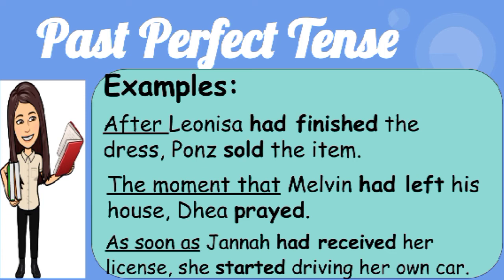So for this example, the time signals used are after, the moment that, and as soon as. So these time expressions are used before the past perfect tense. So we have here had finished, had left, and had received.